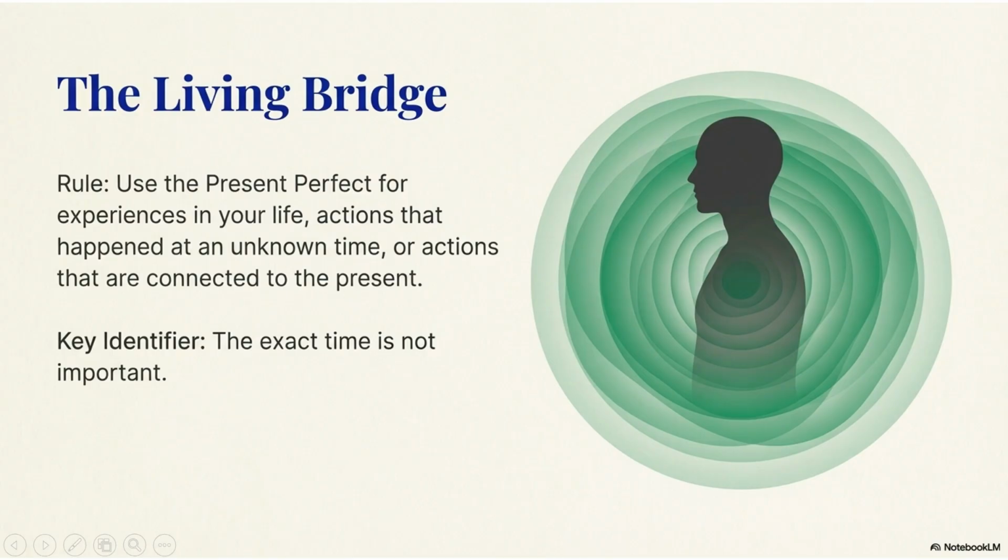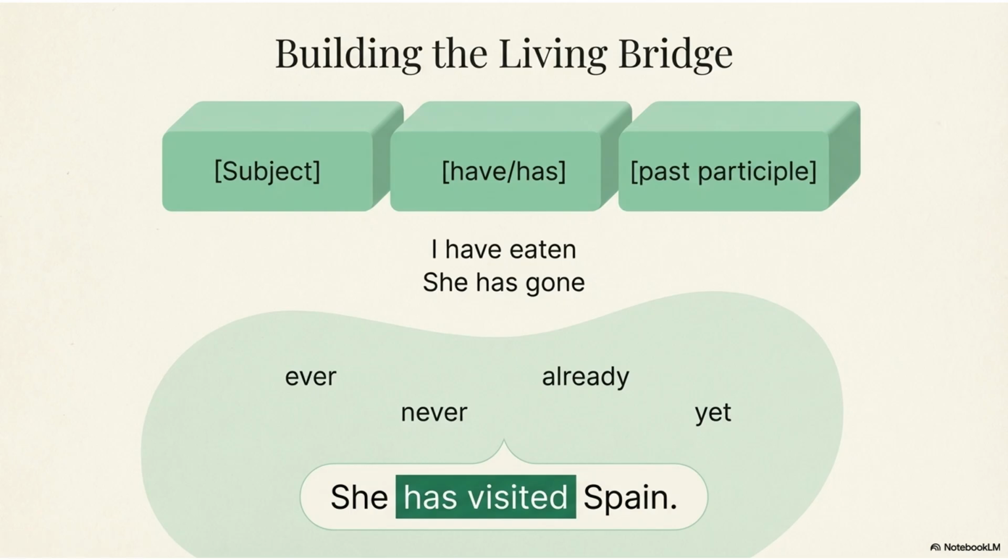In the case of the present perfect, we have the living bridge. Use the present perfect for experiences in your life, actions that happened at an unknown time, or actions that are connected to the present. In this case, the exact time is not important. Here we have, for example, I have eaten, or she has gone. This is present perfect.